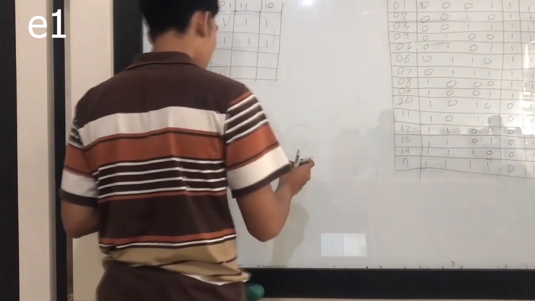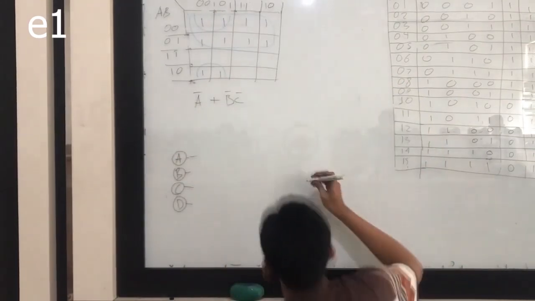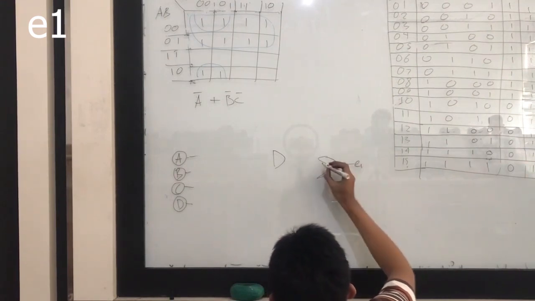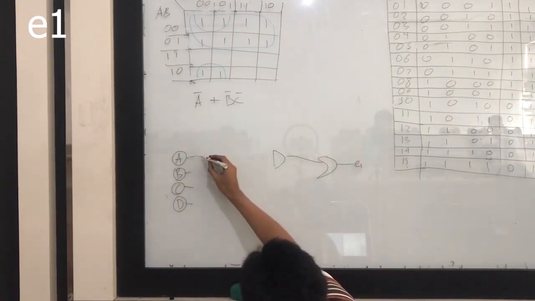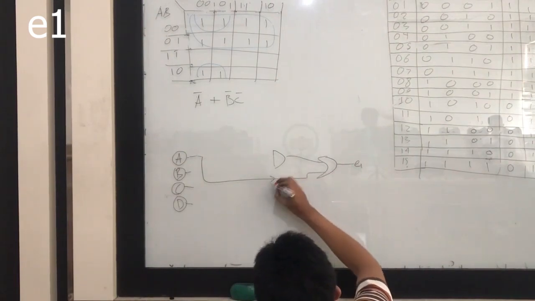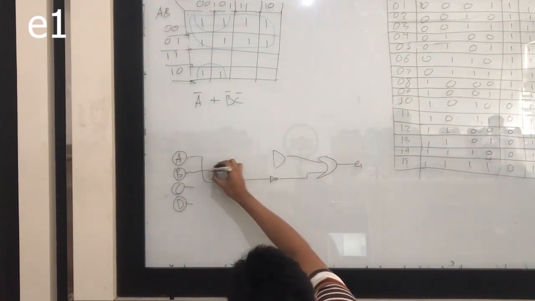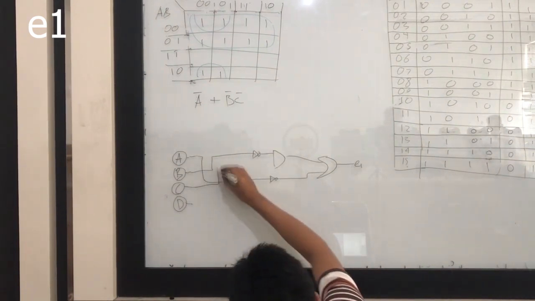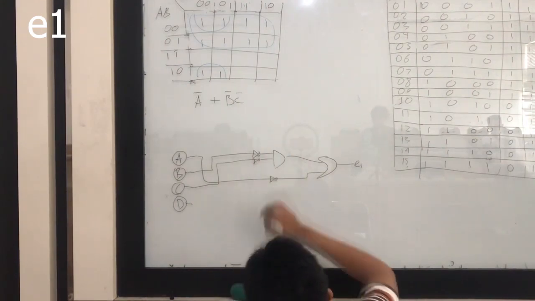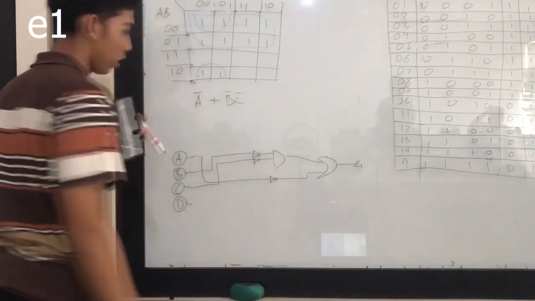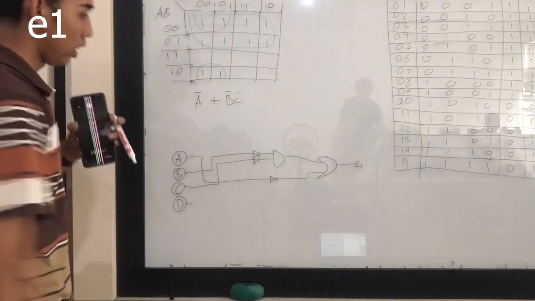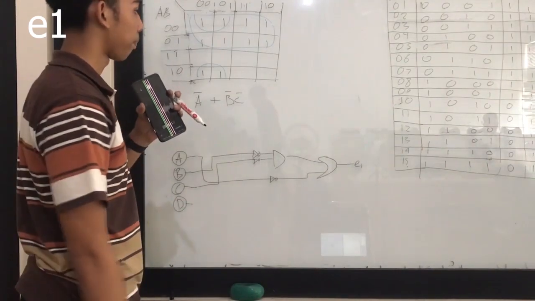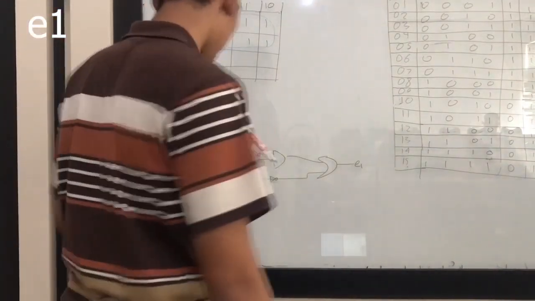Okay, so there should be one first. Okay, this is the circuit design that I've come out with, which is basically the same as A1 and D1. Okay, that's done, the D1. Now let's move on to D2.